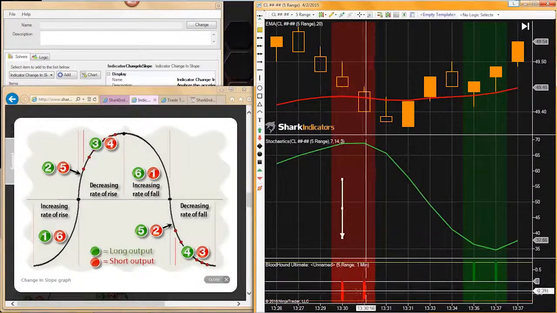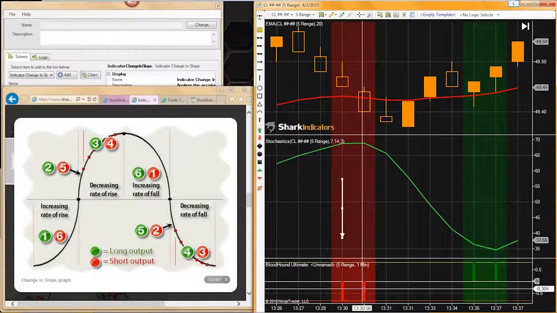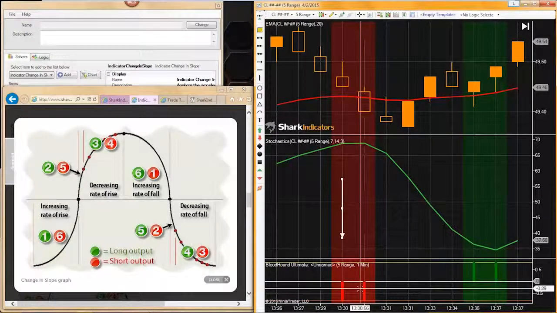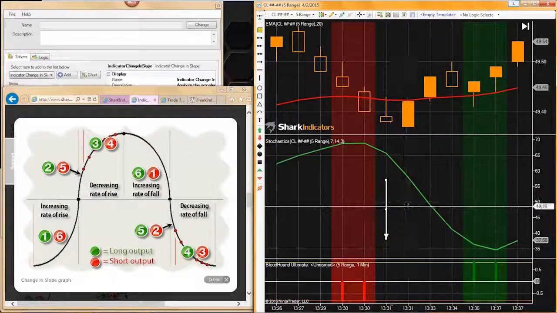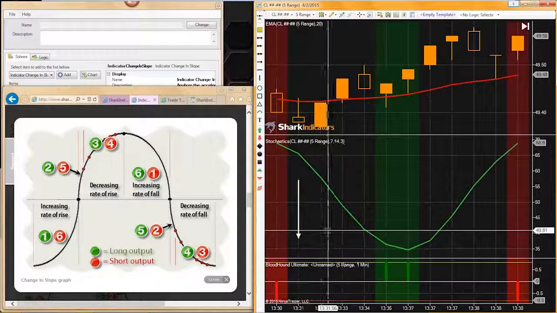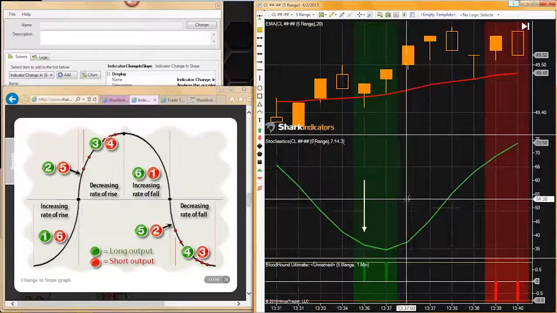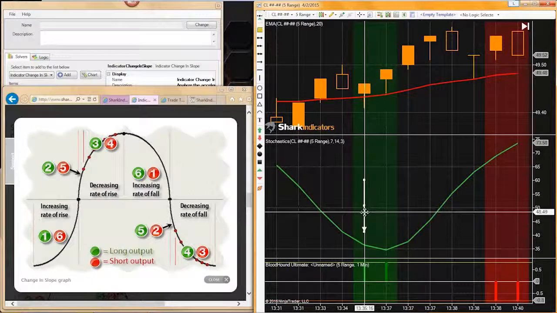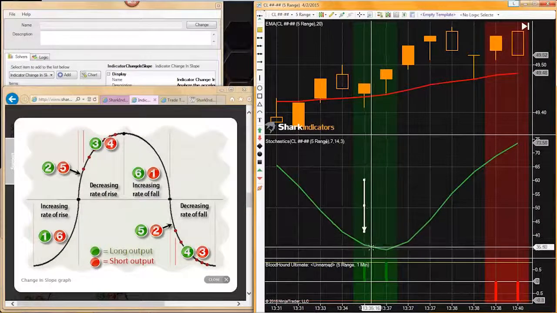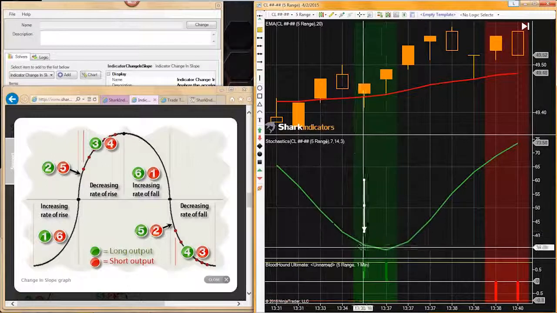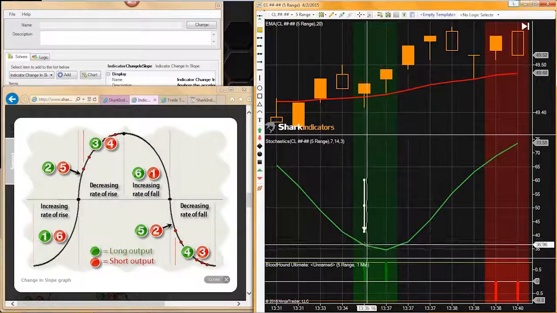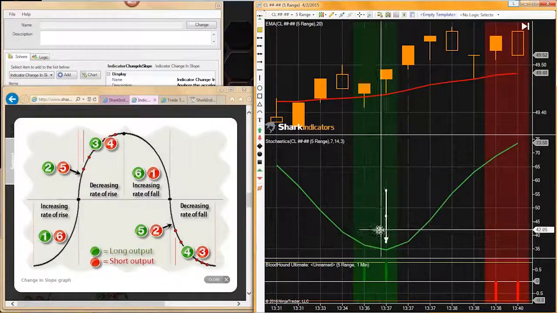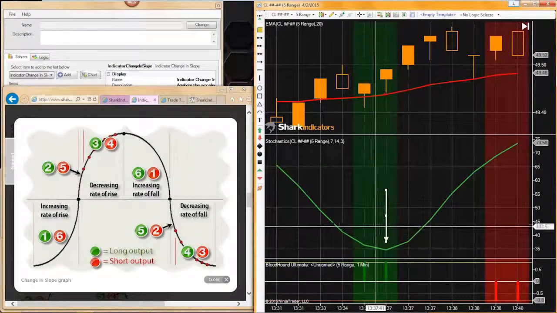And you can see I'm getting a short output here, giving me an indication, or a warning, or a pre-setup prior to the stochastic actually rolling over. The same goes for the long side here: as our stochastic begins to flatten out, and just before it reverses direction and rolls up, we're getting a long output.